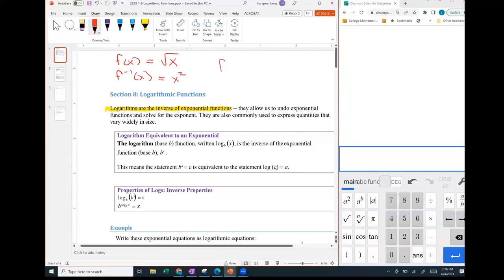And if I compose f with the inverse function, I get f of f inverse of x, which is f of x squared. If I plug x squared in for x in f of x, I get the square root of x squared, which is equal to x.